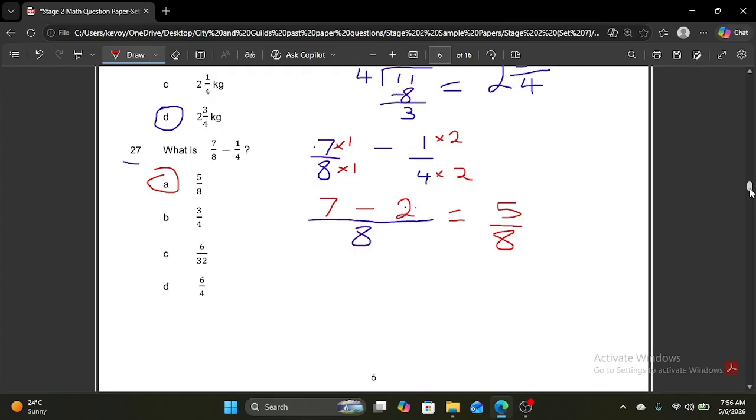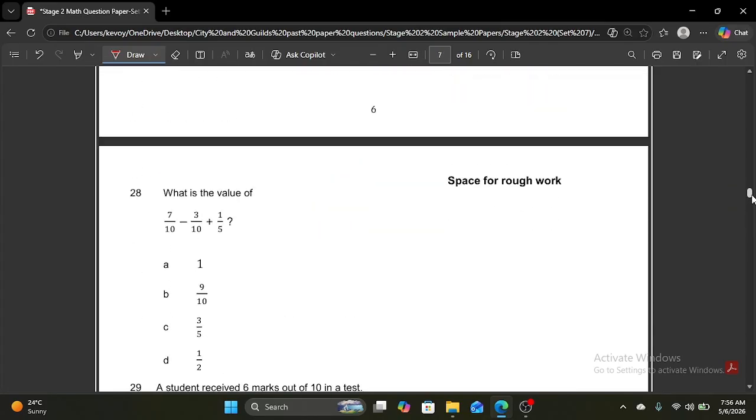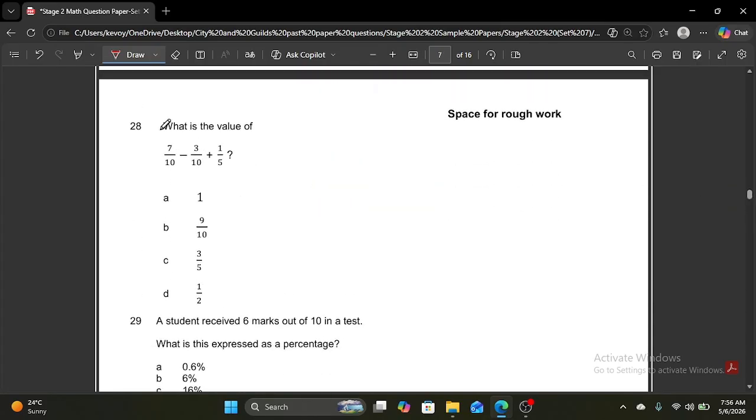And we're going down. What is the value of 7 over 10 minus 3 over 10 plus 1 over 5? Some persons might think that, based on the order of operations, addition comes before subtraction because of PEMDAS or BEMDAS, but addition and subtraction are on the same level.